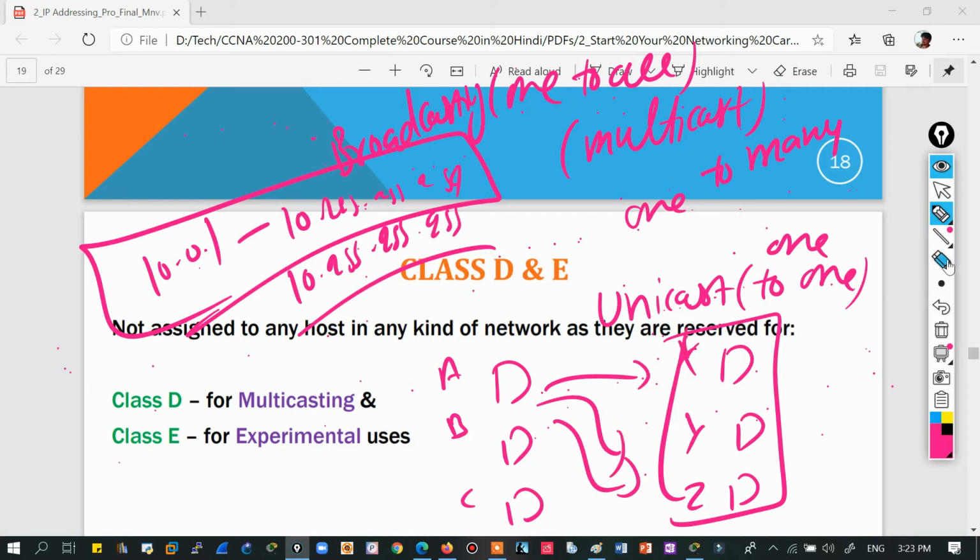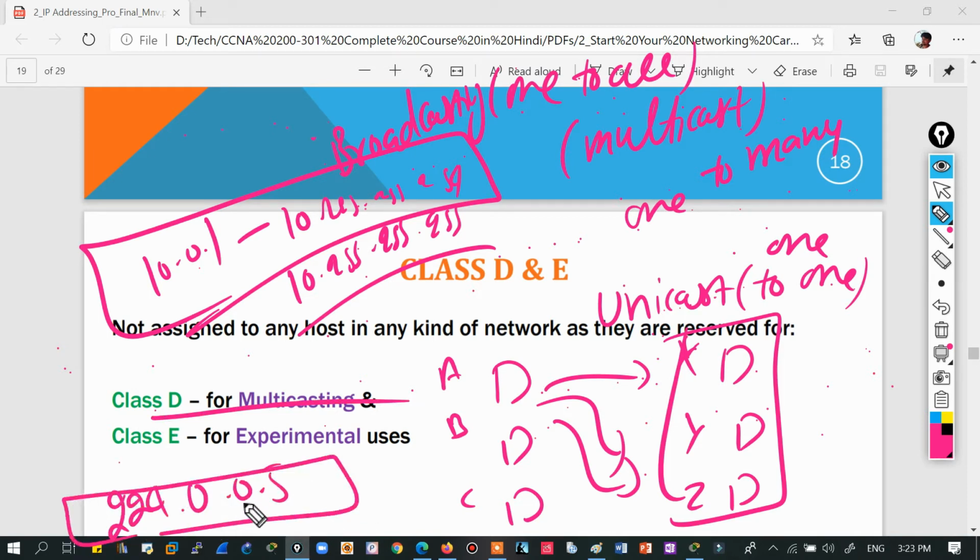So what about multicast? There is a different specified range for multicast addresses, and that is the complete class D. It means 224.0.0.5. This is a multicast address which is used by OSPF. We'll discuss these multicast addresses in later videos.